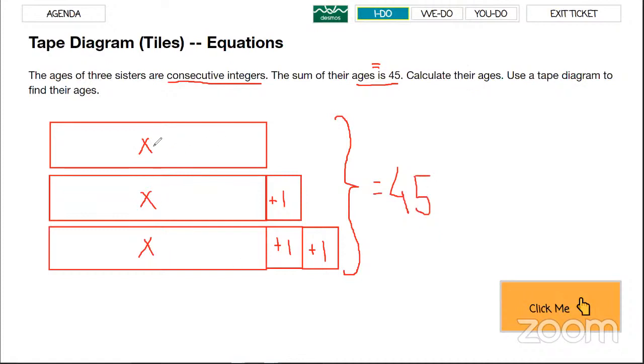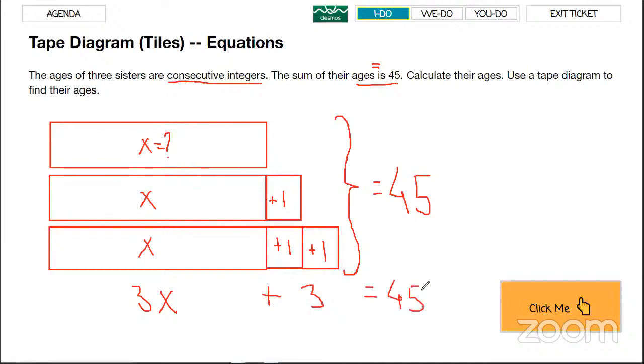So now we need to figure out what their ages are. So that means we need to figure out what X is equal to. Okay, so if you add up, you can see there are 1x, 2x, 3x, so you have 3 x's in total, right? And you have 1 year, 2, 3, so there are 3 years, so it's plus 3, and that's equal to 45.